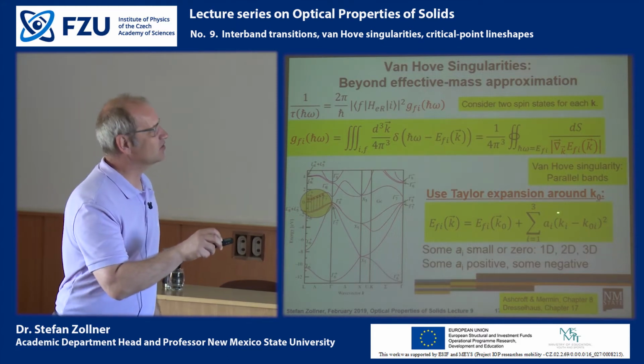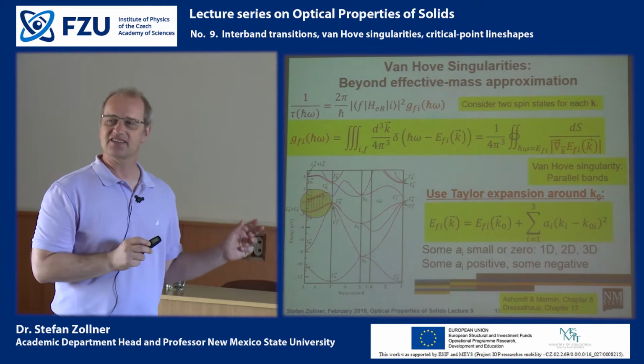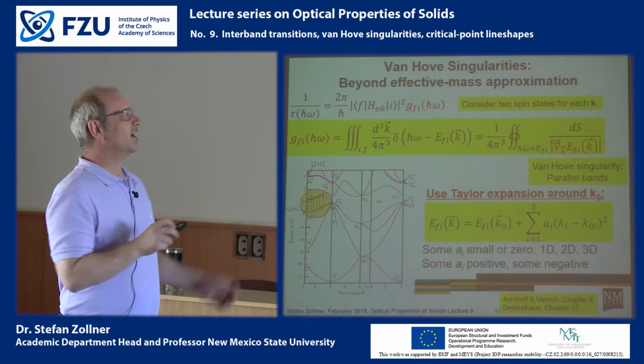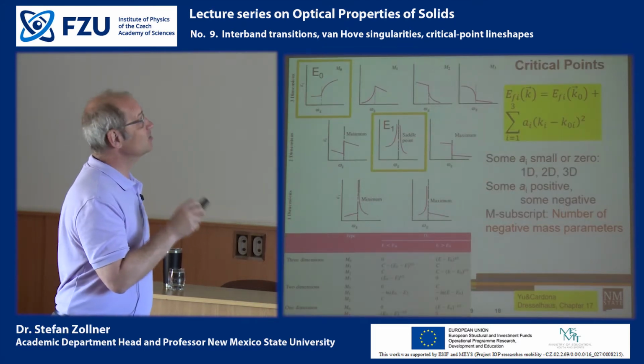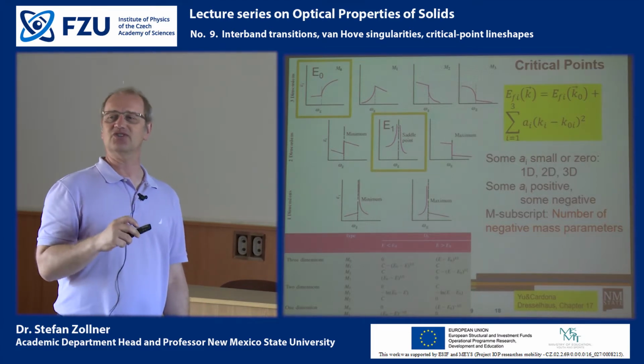These Taylor coefficients can be positive or negative, or zero. So I'm classifying the critical points by dimension, which tells us how many of these coefficients are 0.